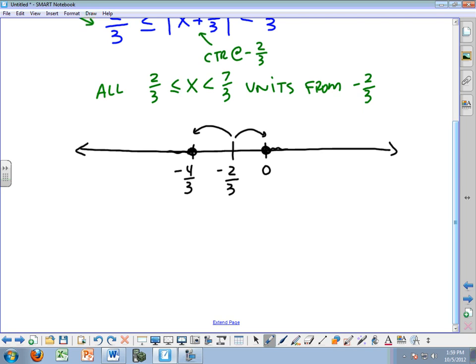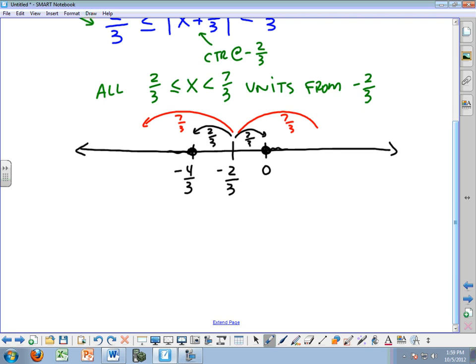So if I have now the second one, let me put it in a different color here. That was 2/3. Now I'm going to go 7/3. And this one's going to go 7/3. Okay, and just for the sake of clarity here, this is the 2/3 going in this direction and 2/3 there.